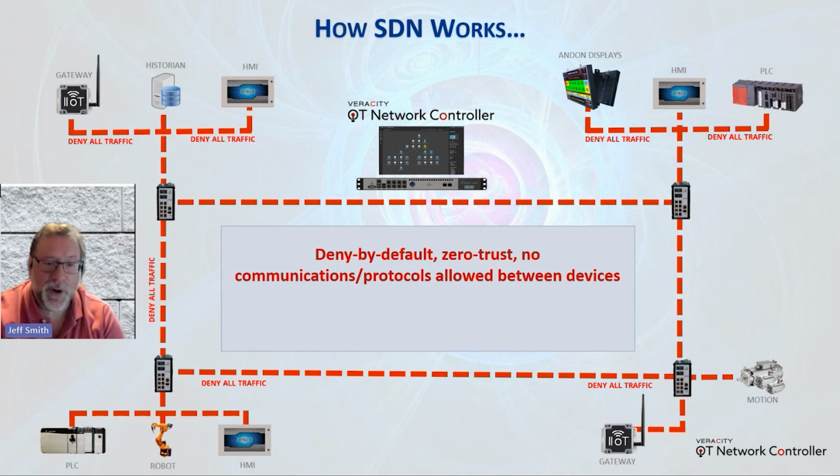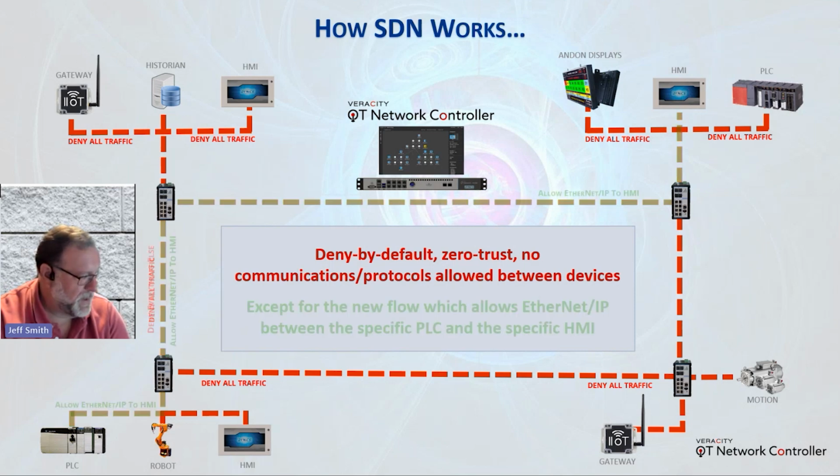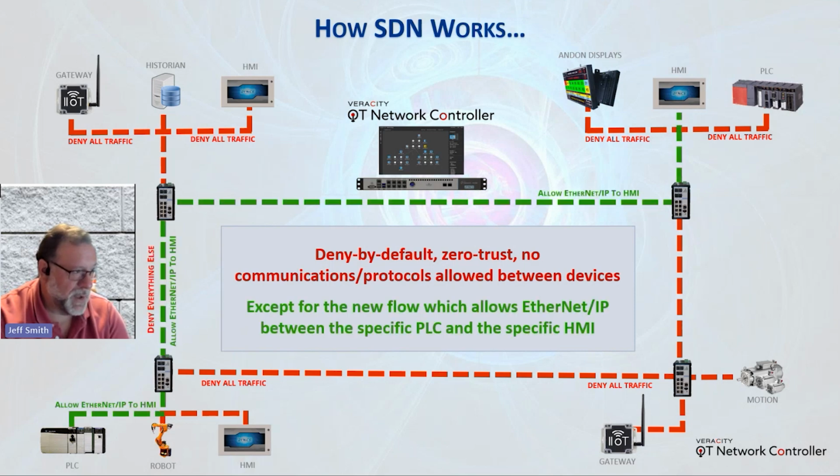That's a bigger conversation than we can have this morning, so I'm not going to get into that, but I'd be happy to have that conversation offline and explain the reasons. With the network being zero trust, nothing can communicate to anything. In the picture I have on the screen right now, if I want my PLC to talk to my HMI, I'm going to let the controller know that that PLC can talk to that HMI over Ethernet IP.